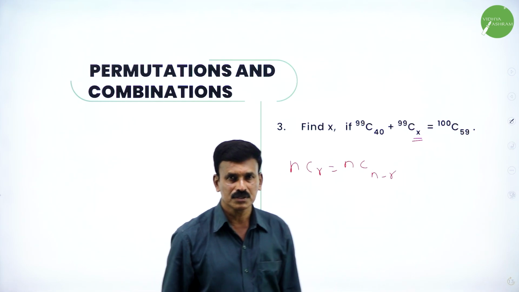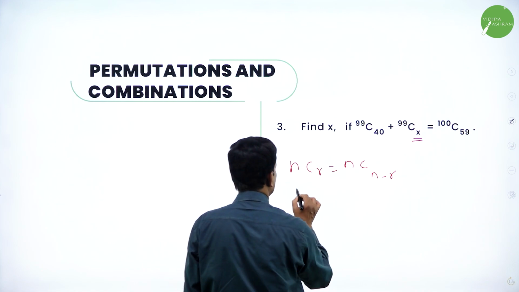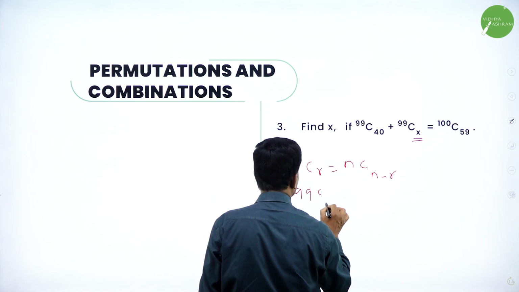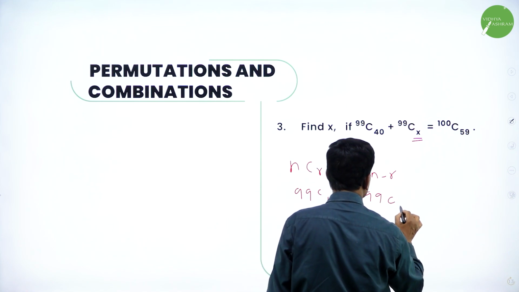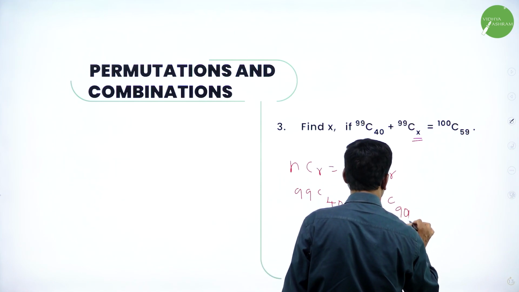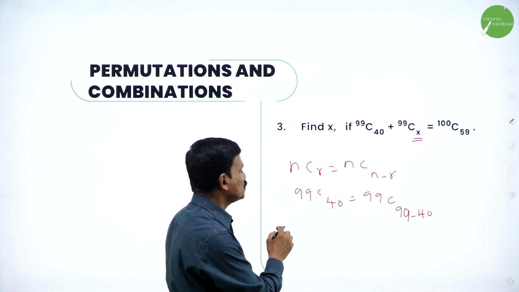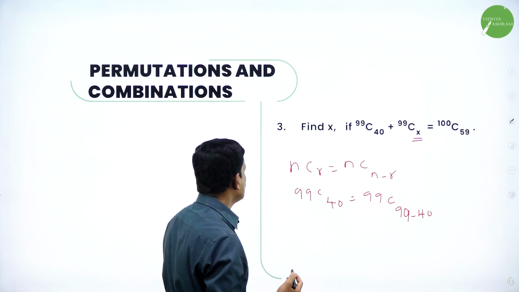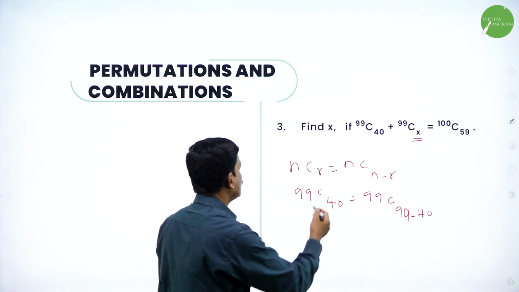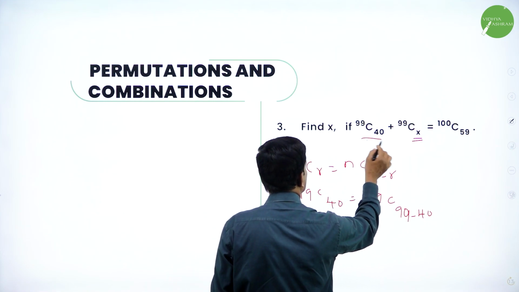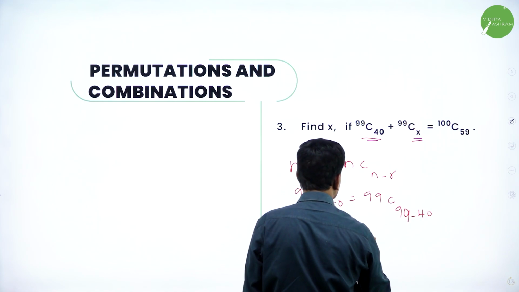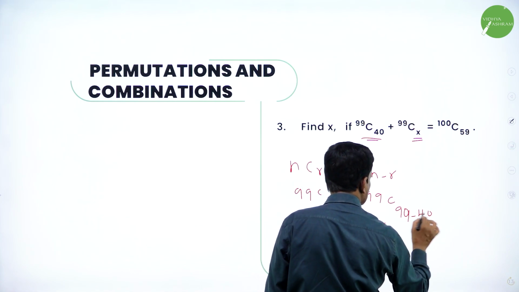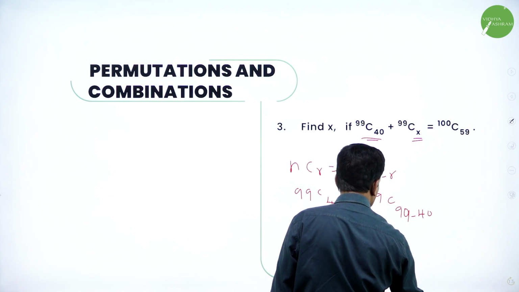Let us convert this first. Using this property, 99C40 can be written as 99C(99 minus 40). So 99C40 can be written with 99 minus 40, which is 59.